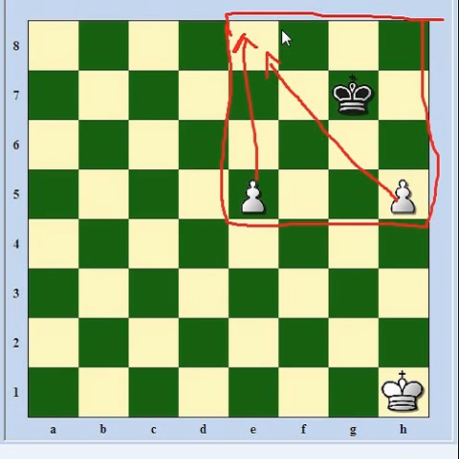Here we see that they are intersecting at the 8th rank. So in this position, black is lost. If white plays accurately, then one of these pawns will be queened.